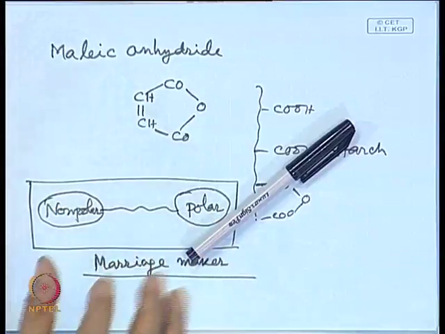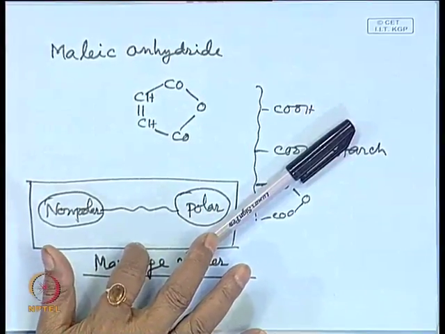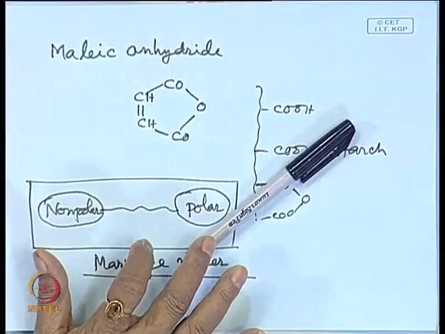So, now you imagine whether marriage will be held or not. So, that marriage maker having two characters, those two characters help your matching between the two parties, here also the same thing. So, if you take a compatibilizer like marriage maker, you can get a successful blend.